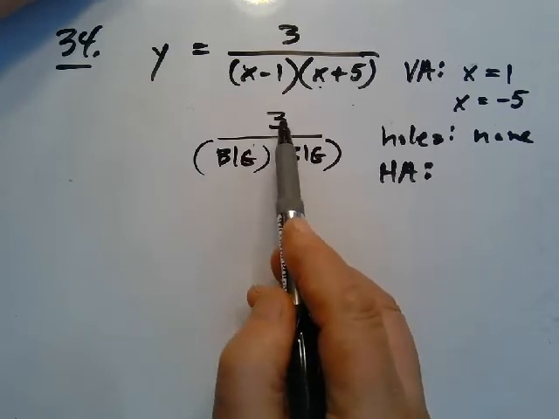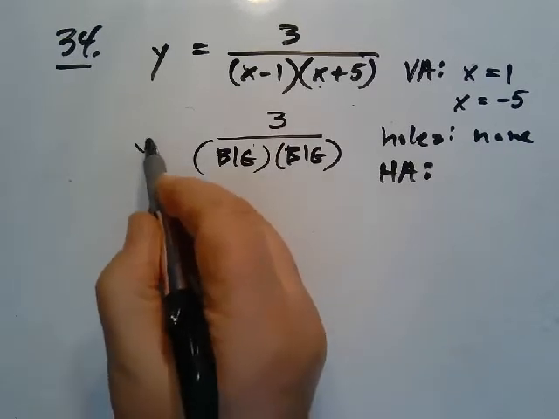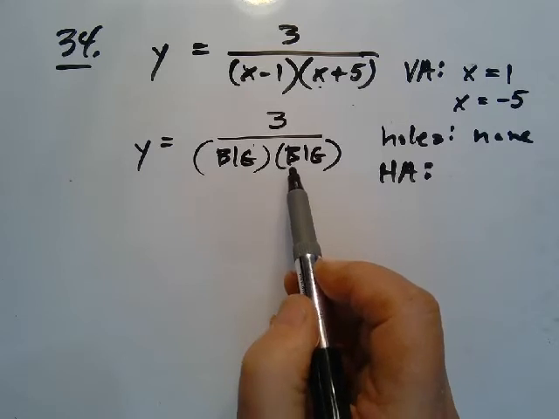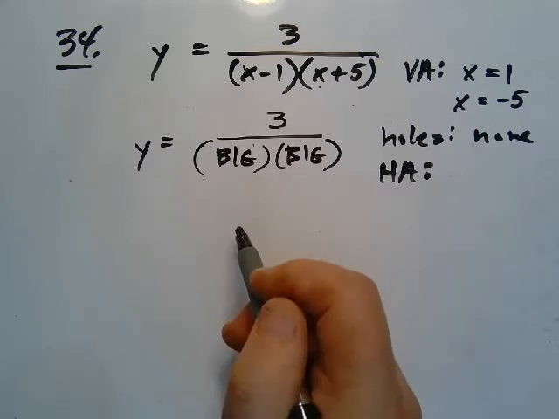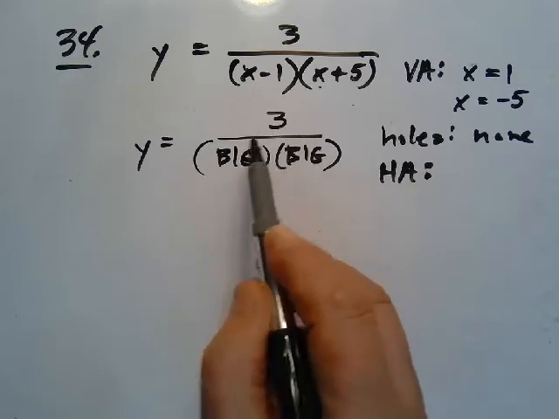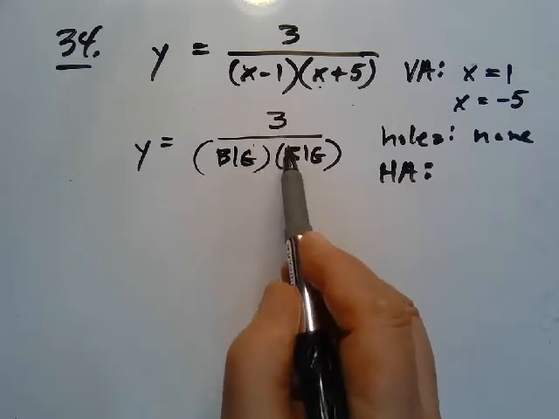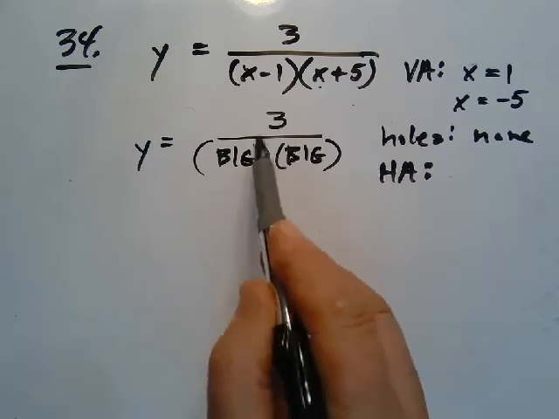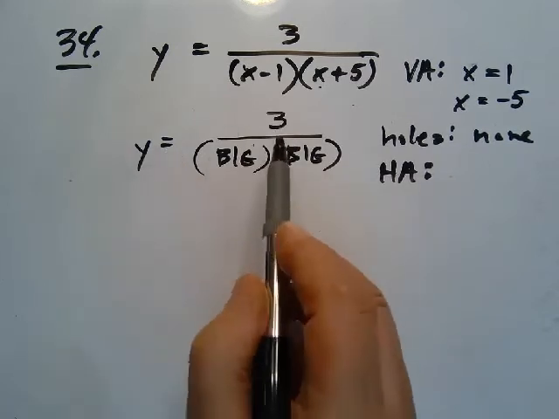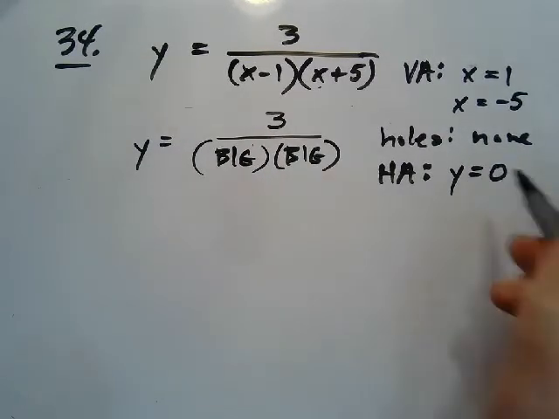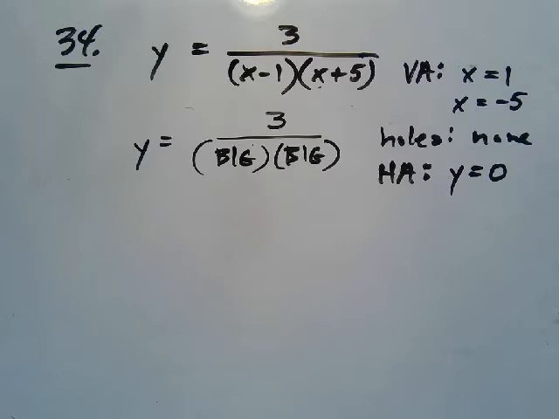On the top is 3. Let me just use my example again here. If you owed somebody a total of trillions and trillions of dollars and you paid them $3, that's totally insignificant. So this is actually 0, basically 0 over a big, big number. Now try to get a hold of that. So in other words, our y is going to be equal to 0. This is basically 0. So we're going to write that horizontal asymptote in there.